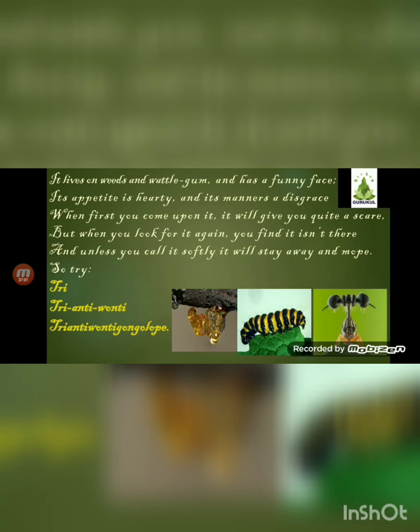All right, children. Now let me explain this stanza. As I told you already, this insect lives on weeds and the wattle gum from certain trees. It has a funny face, its appetite is large, and its manners are quite disgraceful, which means not very good.